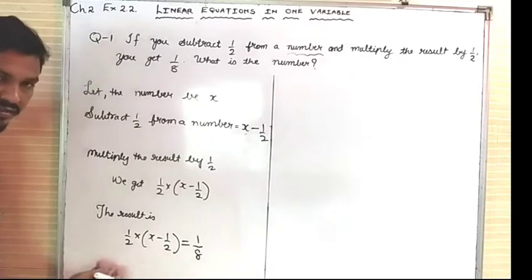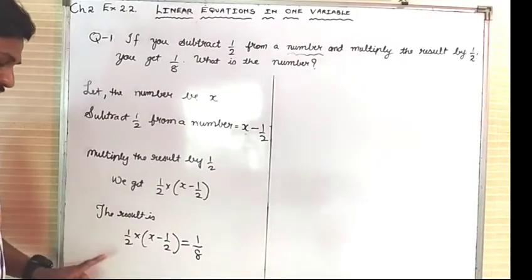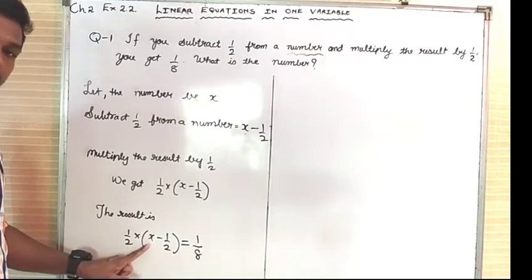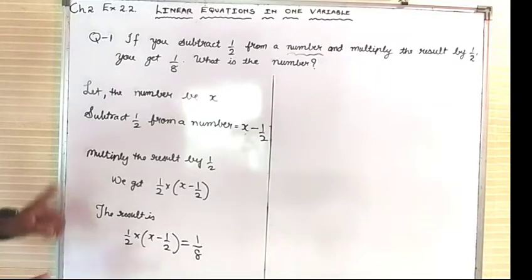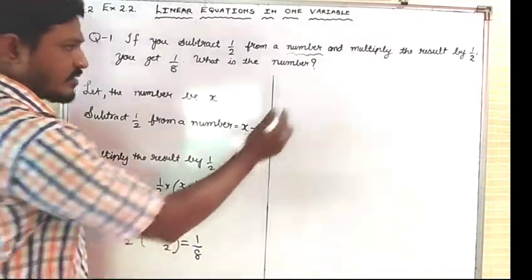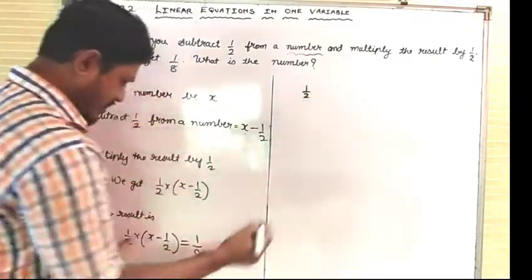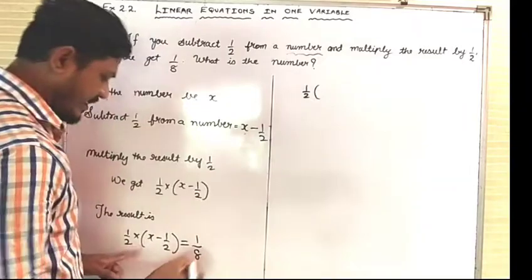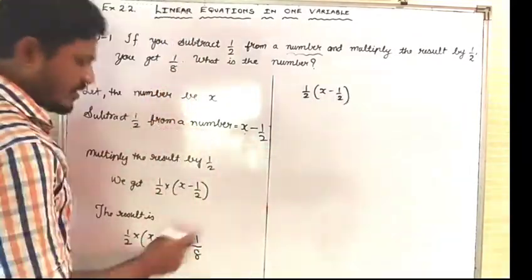See dear student, here we formed the equation. Now you can easily solve the sum and find the value of this unknown quantity, as we already did in our previous exercise. Write down this value as it is: half multiplied by bracket x minus 1 by 2.